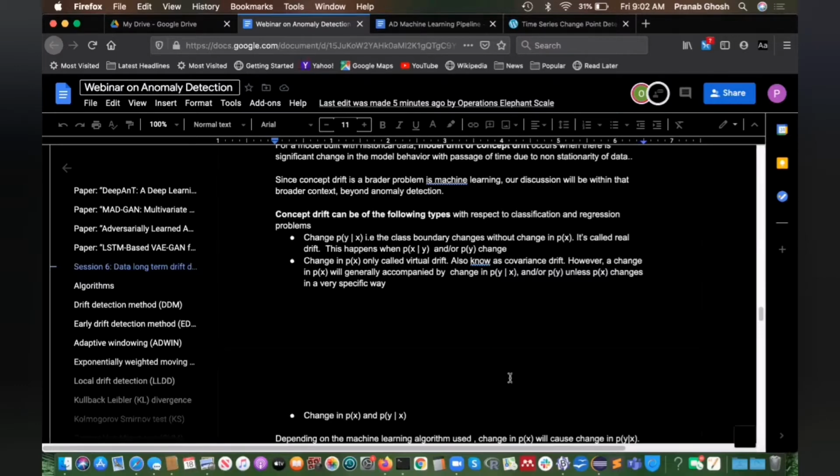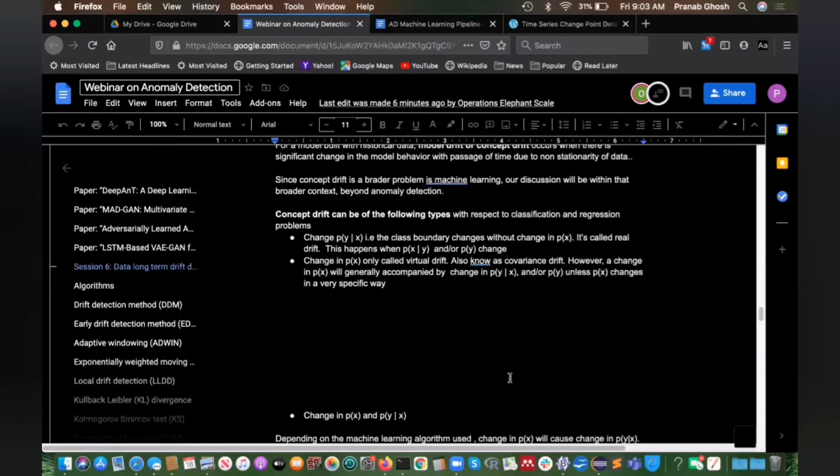Change can also be in the marginal distribution of P of X. That's called virtual drift. It's also known as covariate drift. But typically, when there's a change in P of X, it'll be accompanied by a change in the posterior distribution also, because it'll also change P of Y and P of X, unless P of X changes in a very specific way.